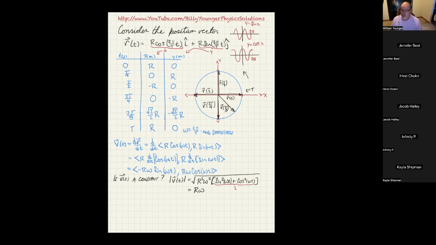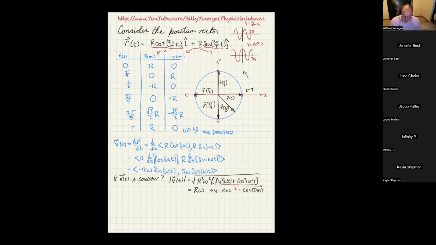Yeah, it's the principal square root since we're taking a magnitude of a vector. So yeah, it's r omega. So what we found is that v is equal to r omega, and it is equal to a constant. It's a constant vector, but it's a constant. So the magnitude's constant, but the direction is changing.